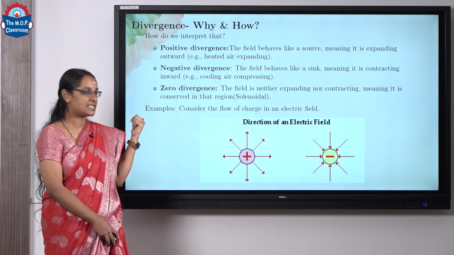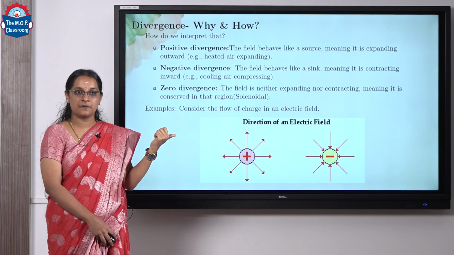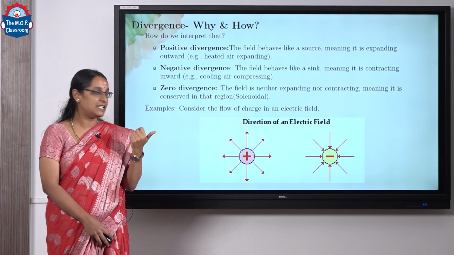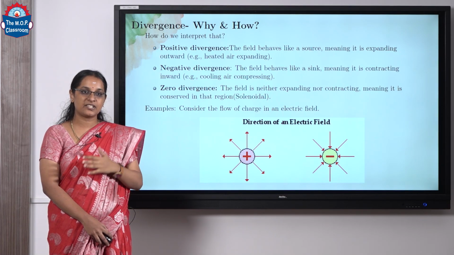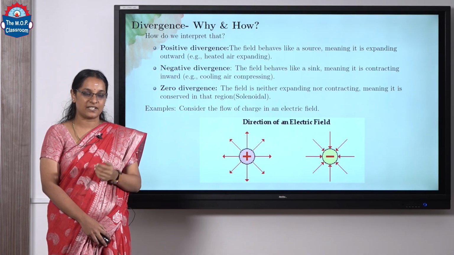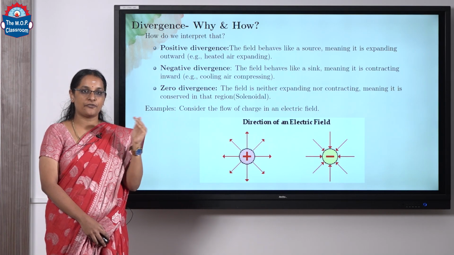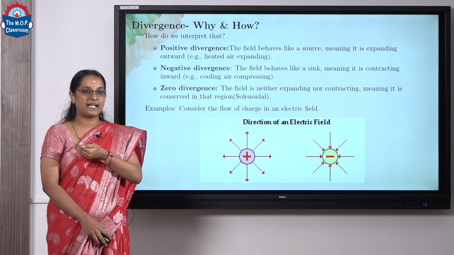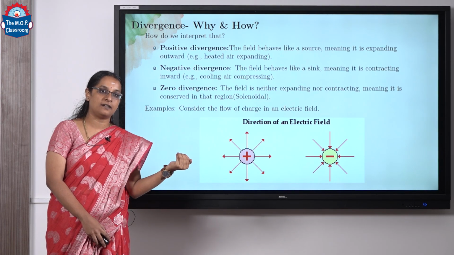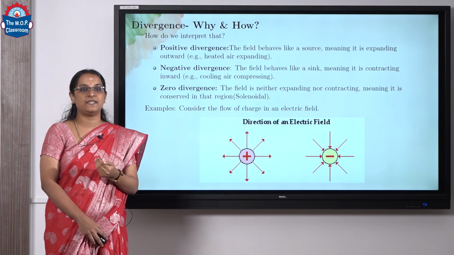So once you have this, we can see where it is used now. Let us consider, for example, an electric field. An electric field follows the property of conservation. In any region you take, the electric field should follow the law of conservation. That is, the particles entering and the particles leaving the field should always be equal.